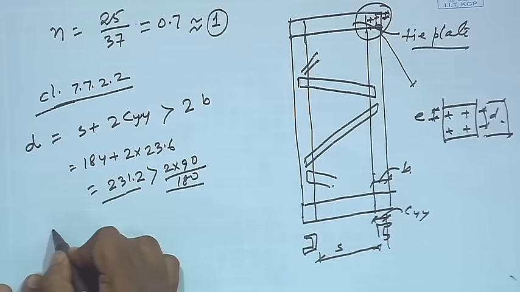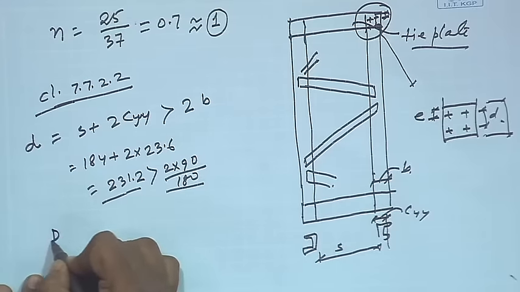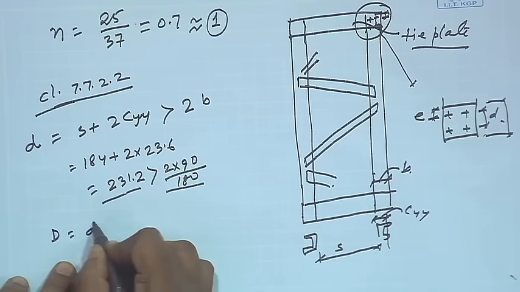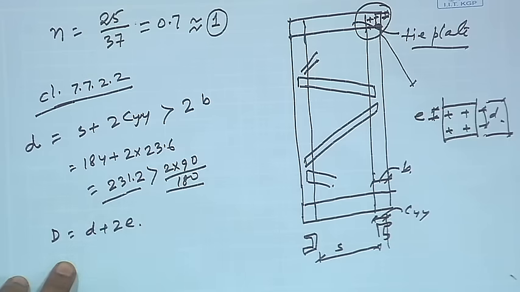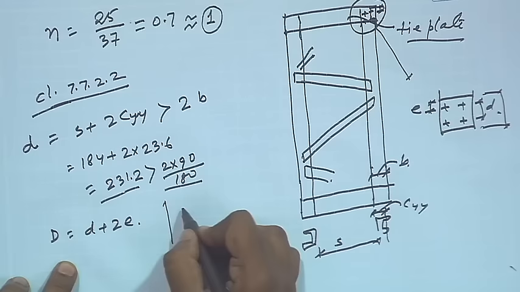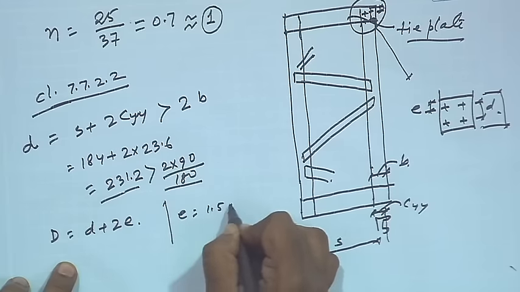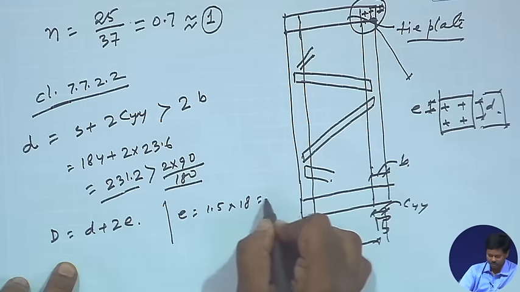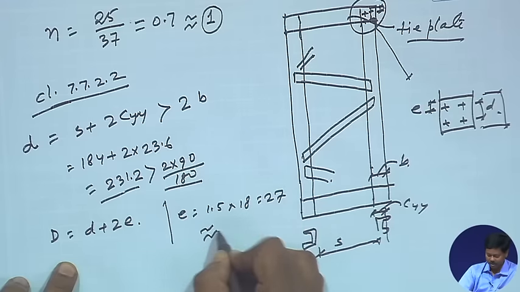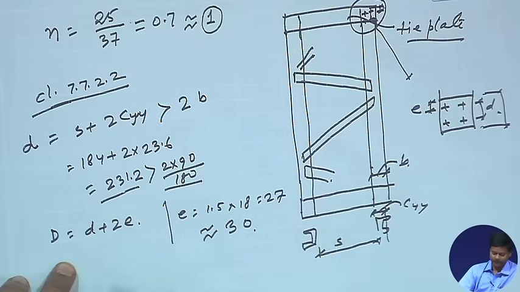So, the total depth will be D plus 2 into E. Now, E we can find out, E will be 1.5 D0, D0 means 18. So, 27. So, we consider say 30, right.